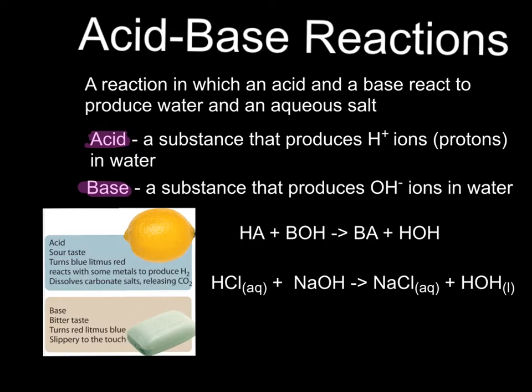All right, let's take a look at our basic equation here. We have some acid HA, and it reacts with some base BOH. Well, just like the double displacement reactions that we learned about last week, our outer ions hook up, so HOH produces water, right?